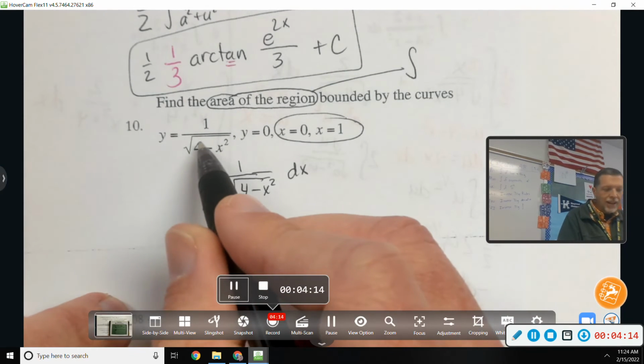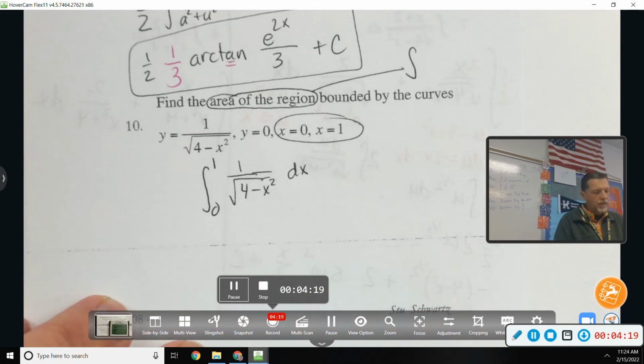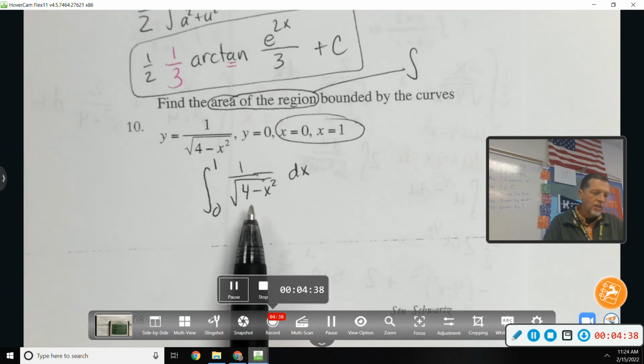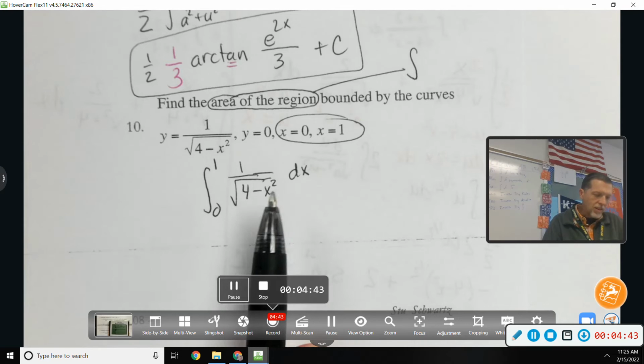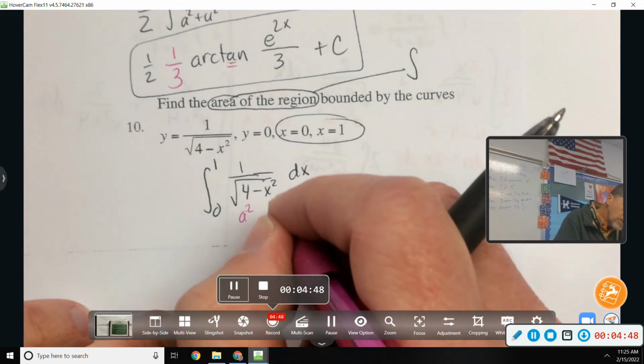I don't have any idea what that graph looks like, but I know that if I integrate, it will give me the area down to y equals 0. Okay, so that looks like, what's that look like? That's inverse sine, because it's a square root, it's minus, it's an x squared. I think that's inverse sine. In fact, a squared, u squared.